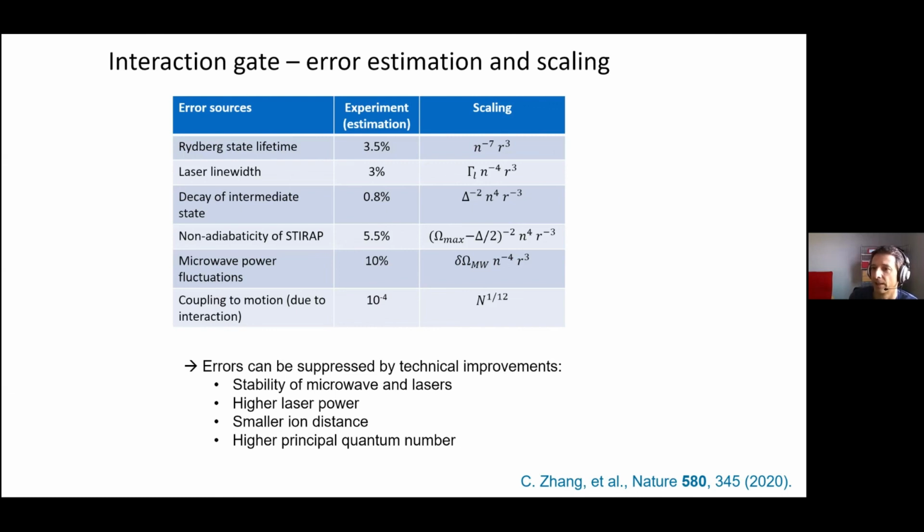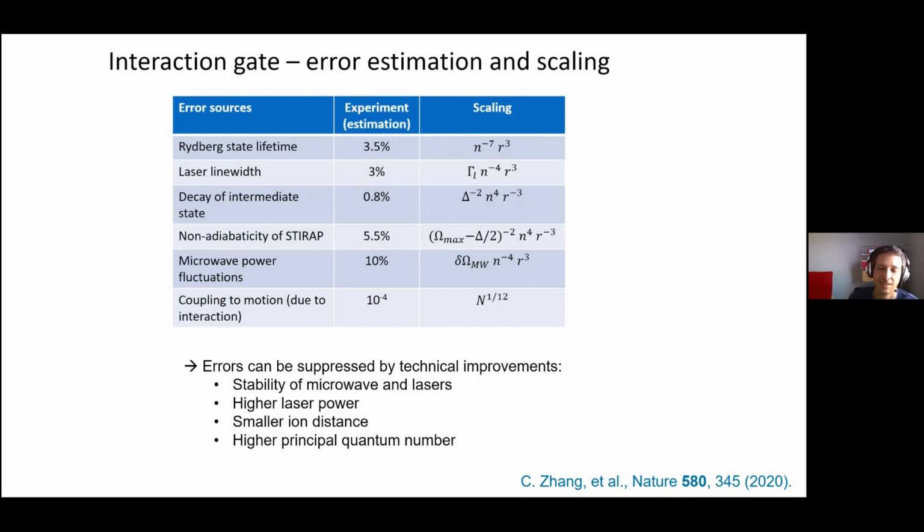We can expect a factor of 10 smaller focus with respect to coming from the axial direction. And with that, we already achieve a Rabi frequency increase by a factor of 5 or 10 or something like that, which will reduce the gate time significantly.